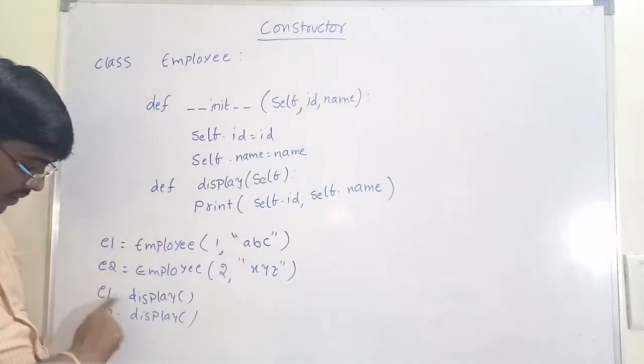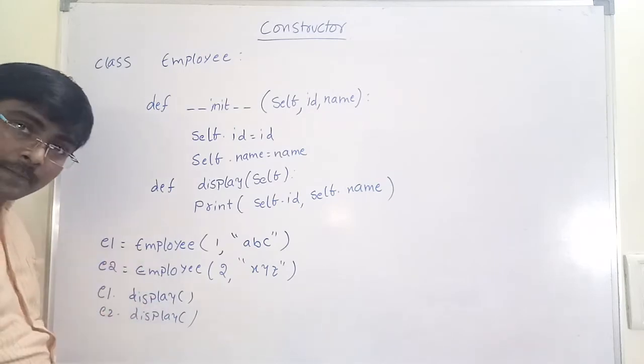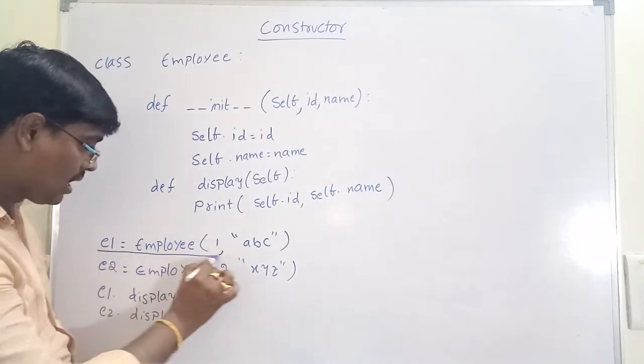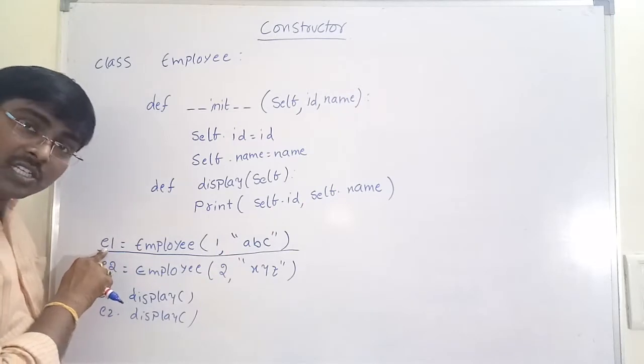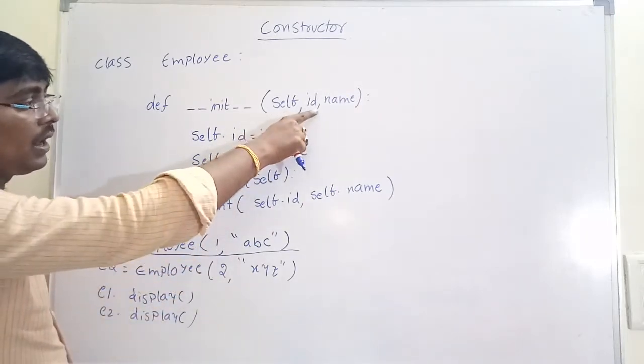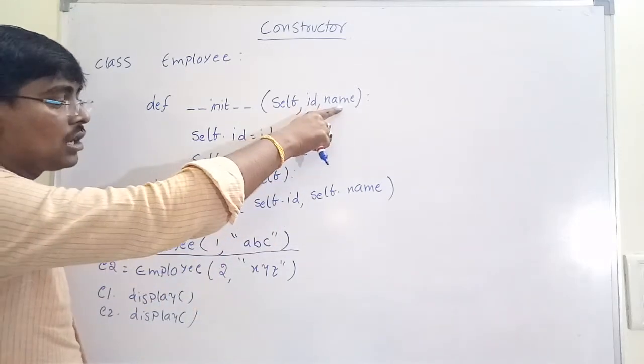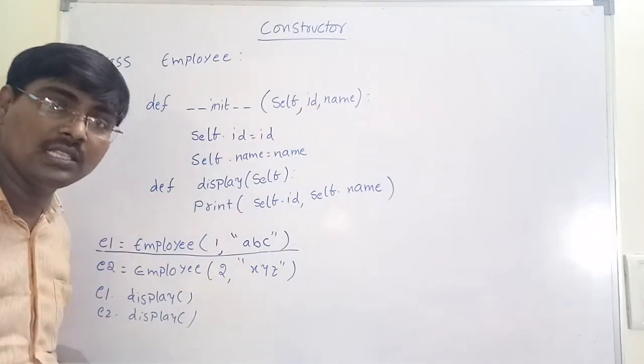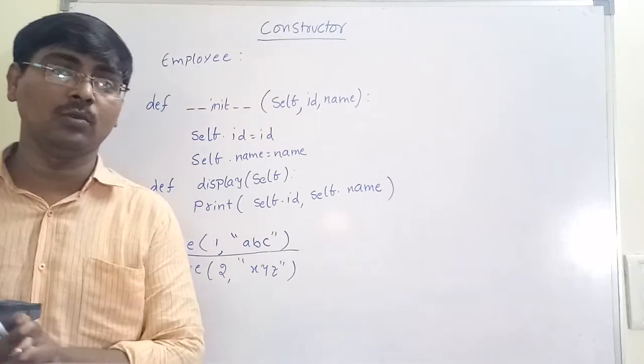So for e1.display, what happens whenever we execute this statement: 1 is copied into id, abc is copied into name. That is the initialization of instance variables.